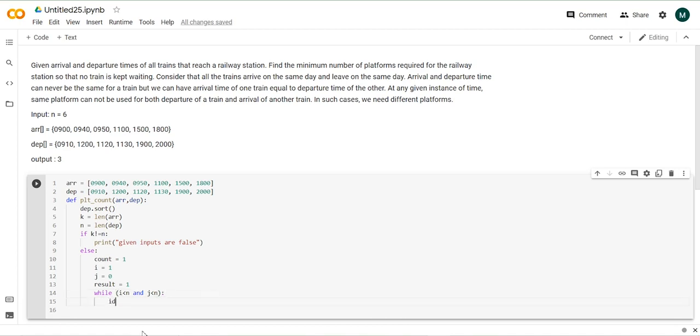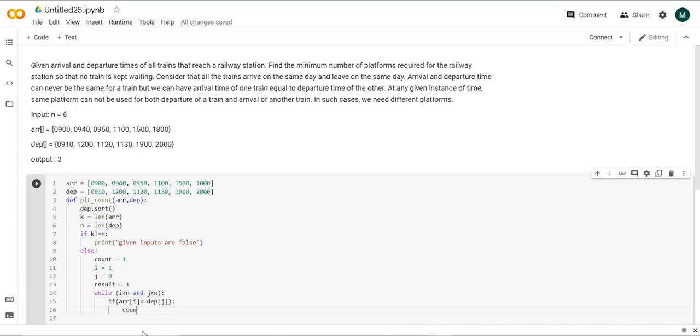So if arrival of i is less than or equal to departure of j, then count will be incremented.